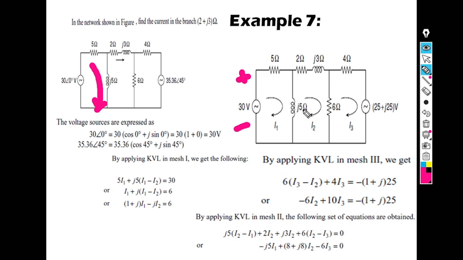You can also write J5 as 5 angle 90, but don't write it because you are beginners in this case. When you are experts, that time you can do research on this, but don't do research now, right?